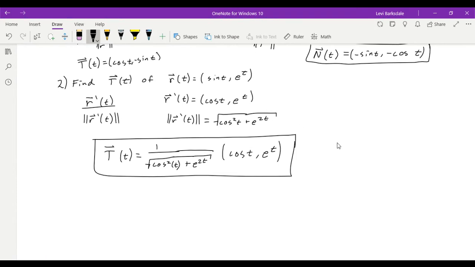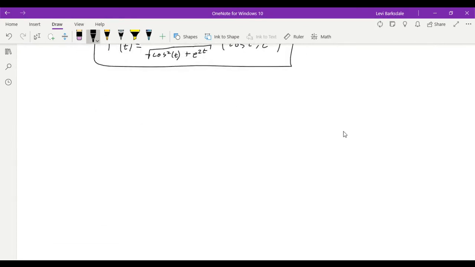All right, there is one last thing to discuss with tangent vectors and unit normal vectors. So this also brings in a bit of a velocity version. So let's say we have a position vector r of t, and we know it has a unit normal vector, n of t.